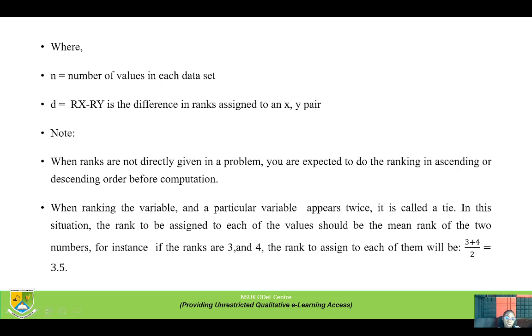In this situation, the rank to be assigned to each of the values should be the mean rank of the two numbers. For instance, if the ranks are positioned at 3 and 4, the rank to be assigned to each of them will be the sum of the ranks, which is 3 and 4, divided by 2, having 3.5.